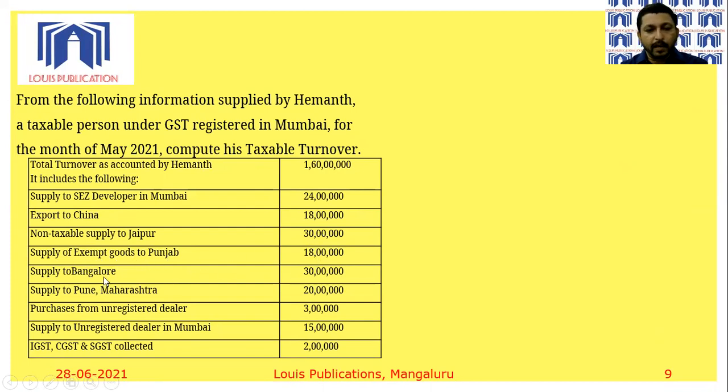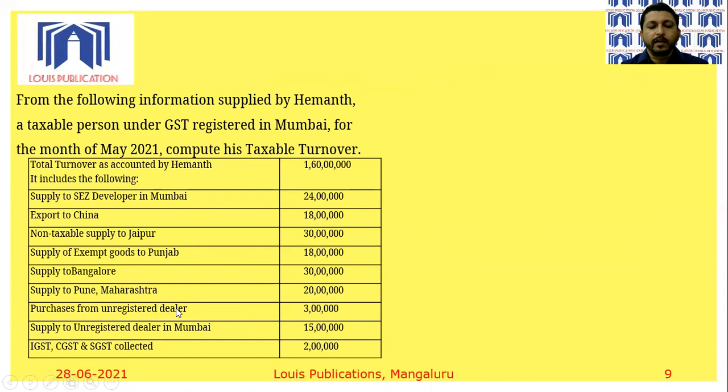Supply to Bangalore is a taxable supply, we assume, so it need not be deducted. Supply to Pune, Maharashtra, need not be deducted either. From Hemant's point of view, registered in Mumbai, supply to Bangalore will be an interstate transaction, whereas supply to Pune, Maharashtra will be an intrastate transaction. So this is not to be excluded; it is a part of taxable turnover.